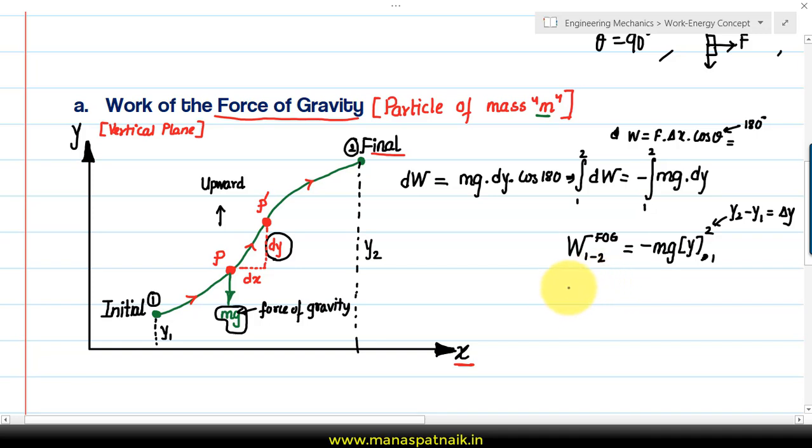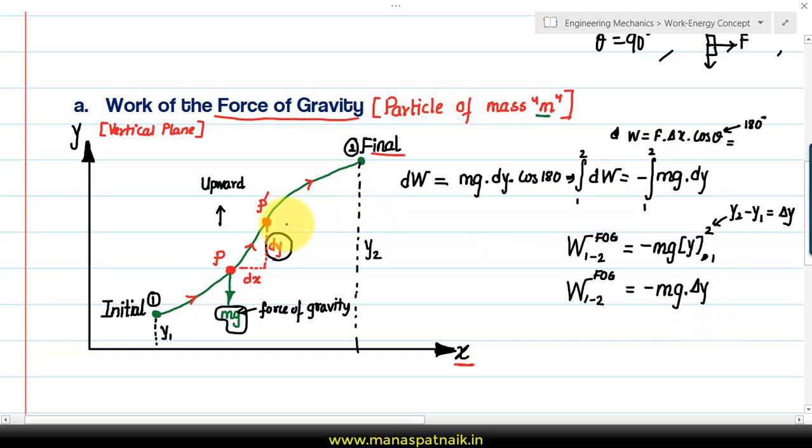So essentially I can write this work done from taking the particle from 1 to 2 on a vertical plane, under the action of gravity, as: work done by the force of gravity is negative mg dot delta y.